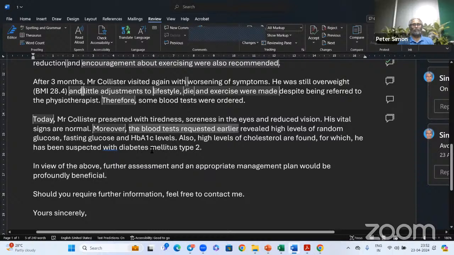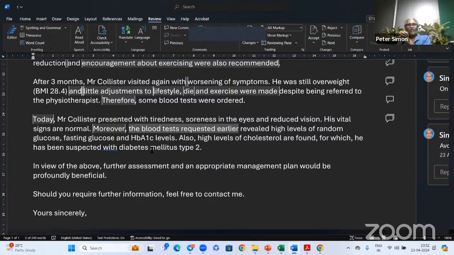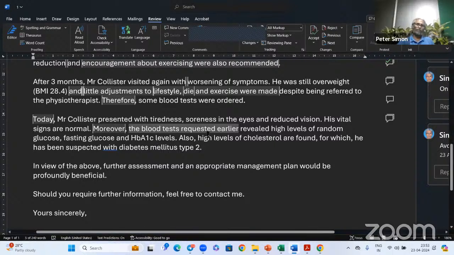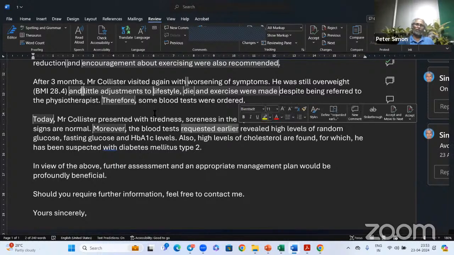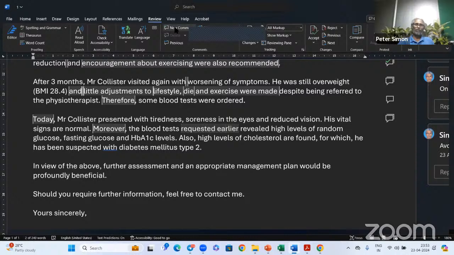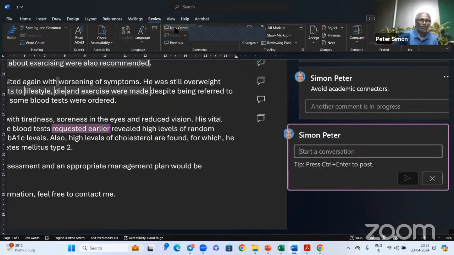They are just the blood test revealed. That's enough. This is not necessary. Okay, that's understood.